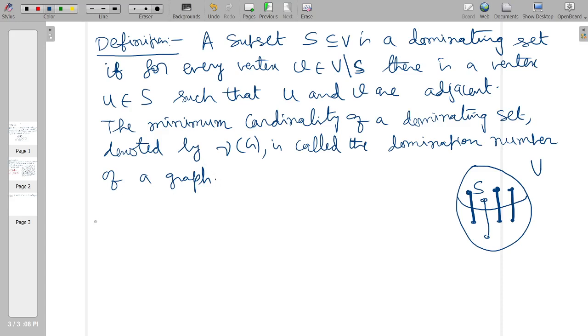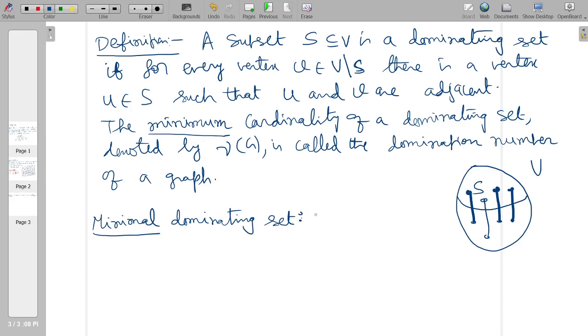Now what I will do is define what is a minimal dominating set. Earlier what I defined was minimum, now it is minimal dominating set.